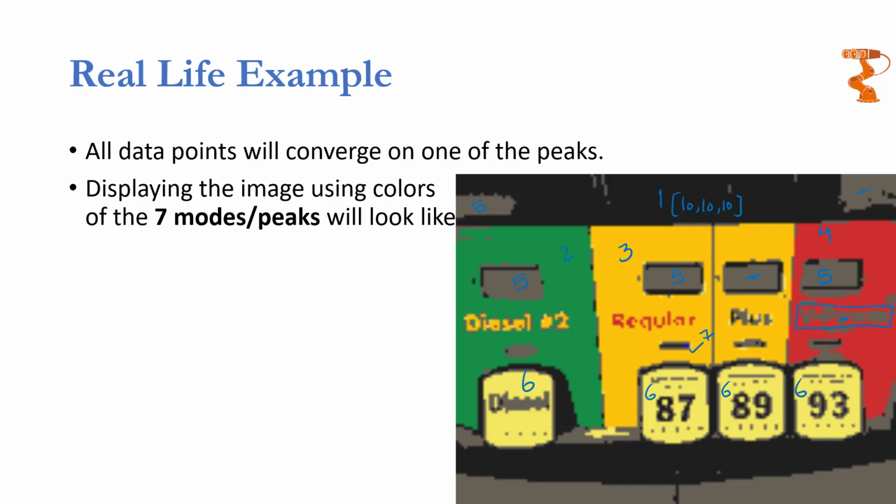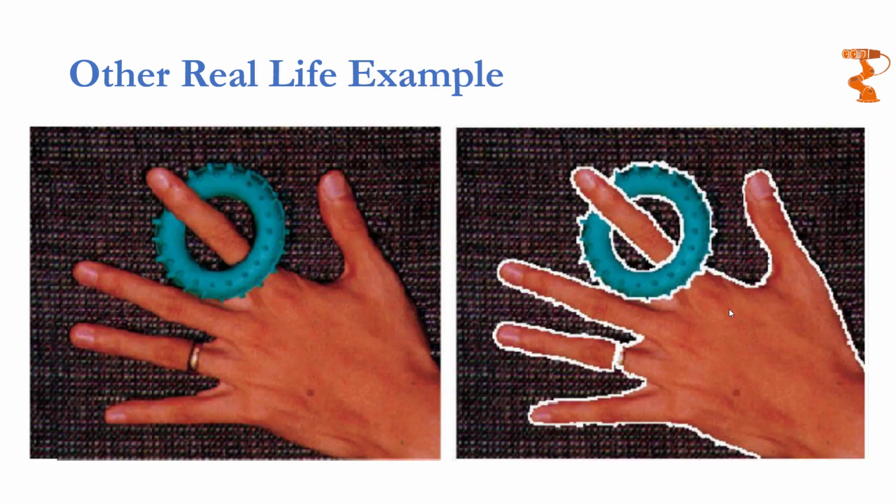So same is the case with this blue color, because if you remember in the original image this plus was written in blue color, but over here we don't have any blue peak, and these points are corresponding to gray or black peaks. Here are some other real life examples where you can use mean shift segmentation to segment out objects.